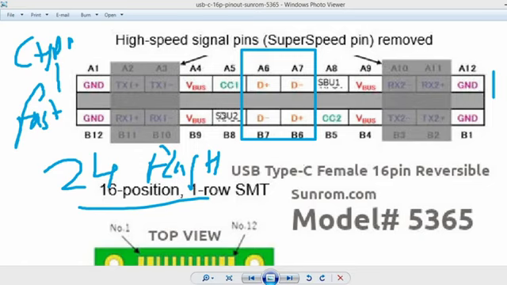Now SBU2 and SBU1, these pins are for audio and video data transmission, such as playing music with a C-type audio connector, and they also work like an ID pin as a host. Clear? Your VBUS pin is for the voltage requirements, and the last is ground.